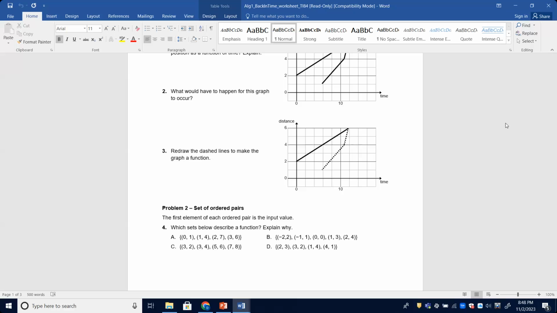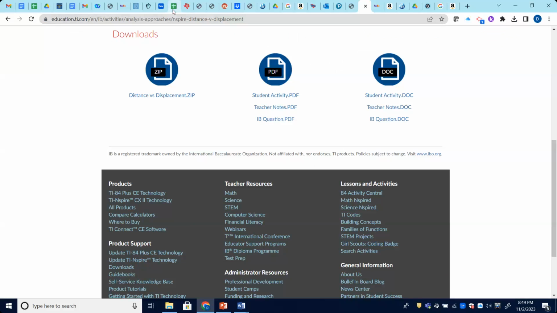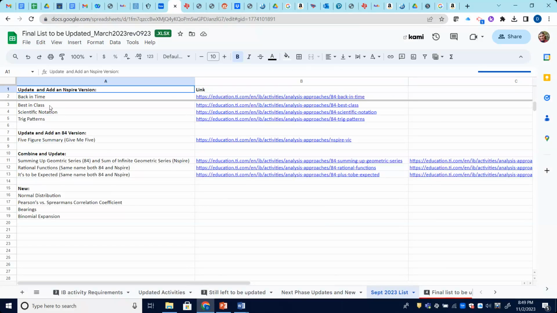I grade 200, 300 papers. Why did 200 of them get it wrong? So then my focus goes to, I need to create an activity for that because maybe I can help teachers with that topic. And that's what I work on because I create 4 new activities.